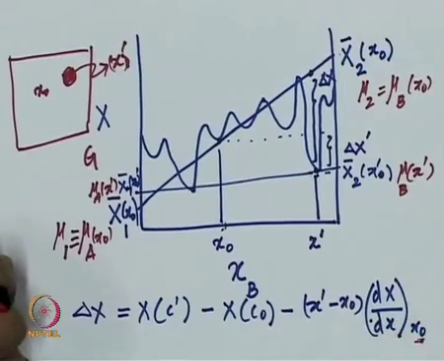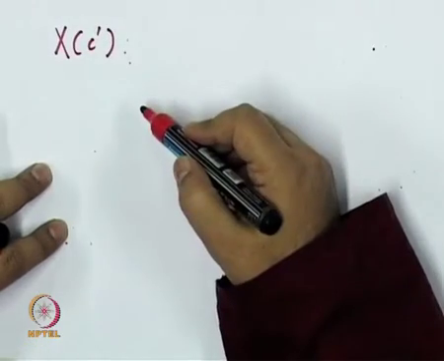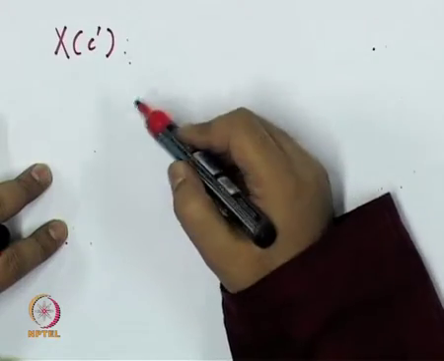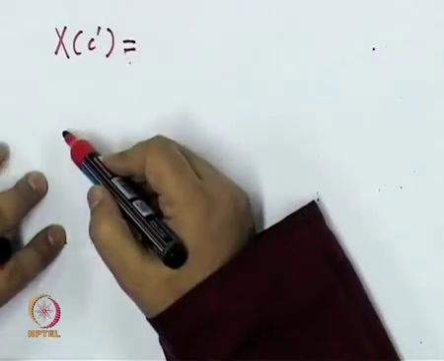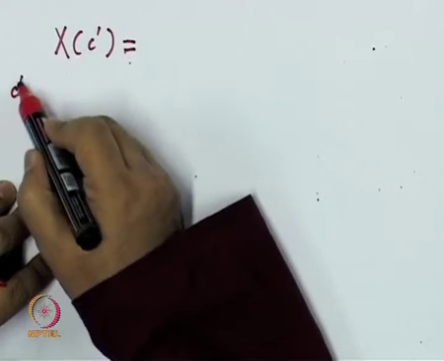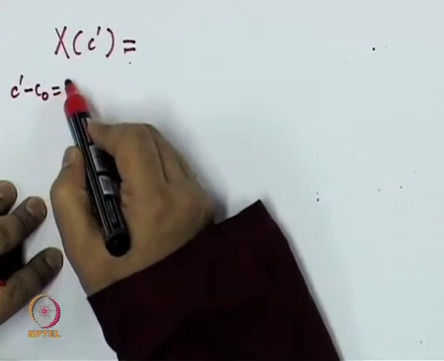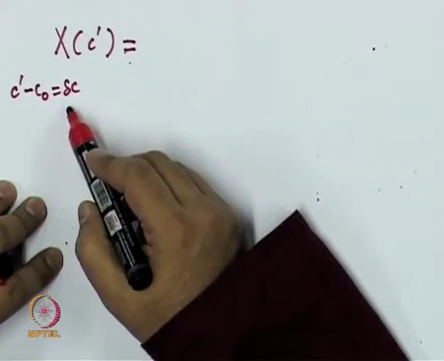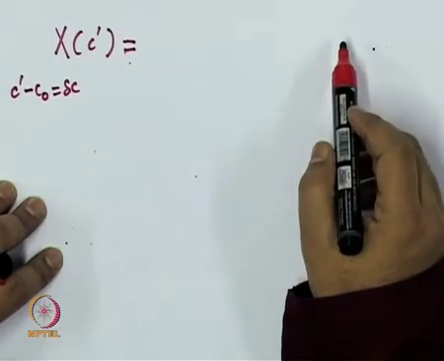Now, let us proceed a little bit further and let us do a different computation. Let us say that I have this property x and I am trying to calculate this property at the composition C prime. Now, if I assume that the difference between C prime and C naught is very small, some delta C, then I know that I can do a Taylor series expansion.